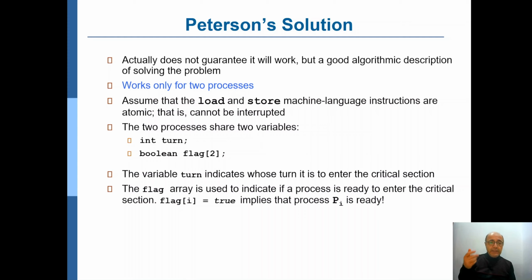And turn specifies whose turn it is. So turn will be typically initialized to 0. So in other words, of these two processes, P0 and P1, the initial turn will be given to P0. And the flag array will be initialized as false for both P0 and P1 because initially no one is in its critical section. Okay?